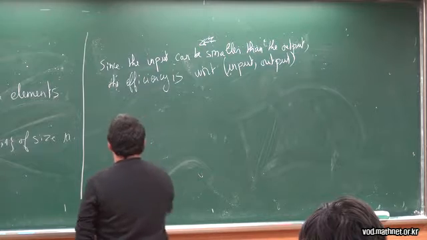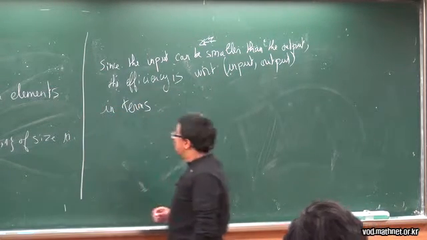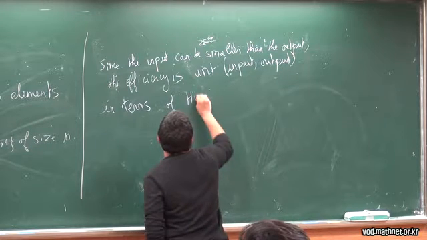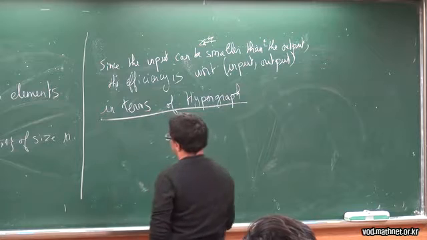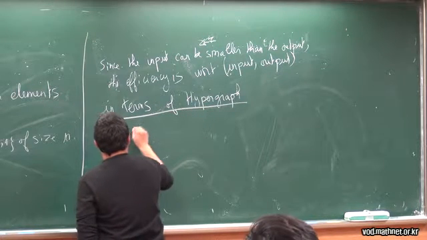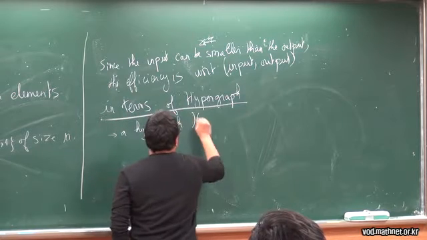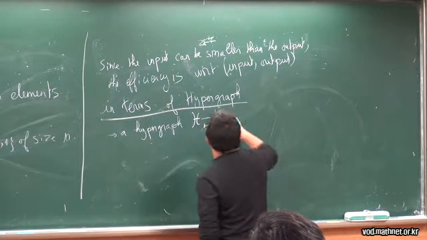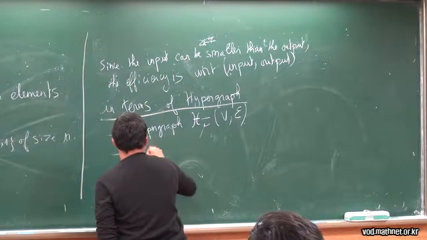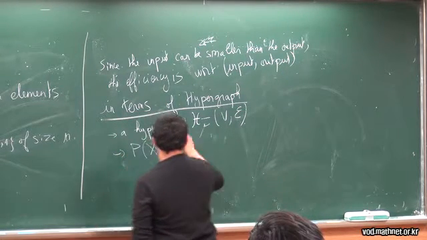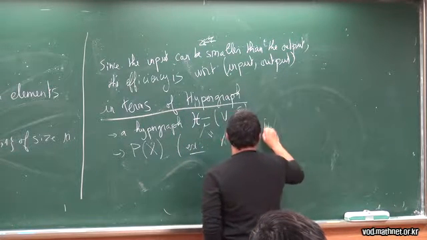So in terms of hypergraph, for instance, you have a hypergraph H, and a property, say P of X, for example, say X is a hitting set.